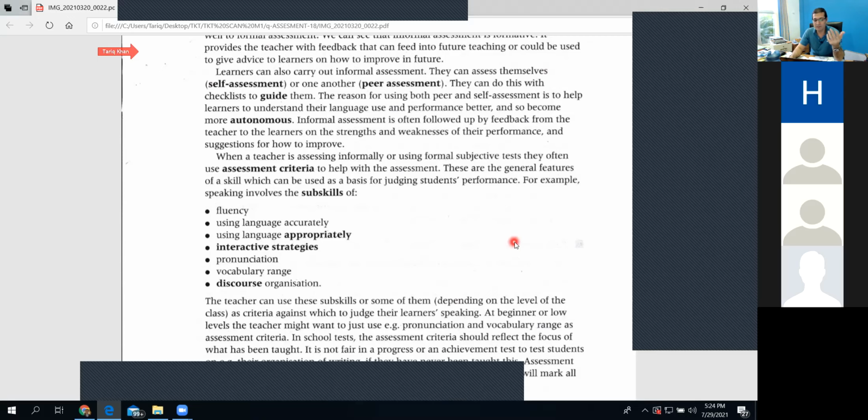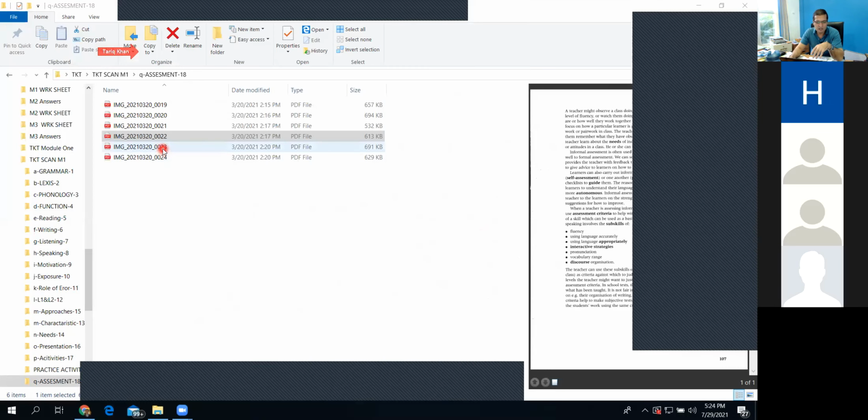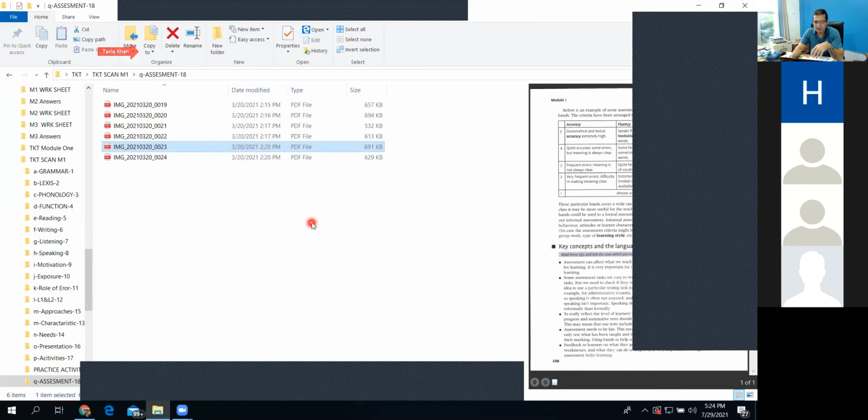And peer assessment, self-assessment, you need to be clear about it, because they might give you a scenario where a student is doing this, another student is giving the feedback, and ask what it is called. So this sort of thing you need to be able to answer. Further, you can go through this just to make yourself a little bit clearer about this topic.